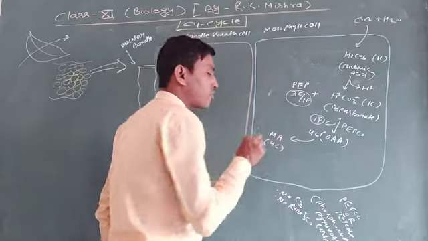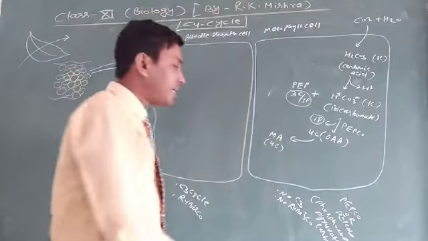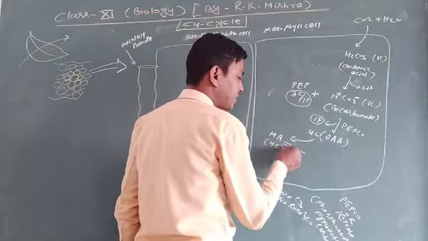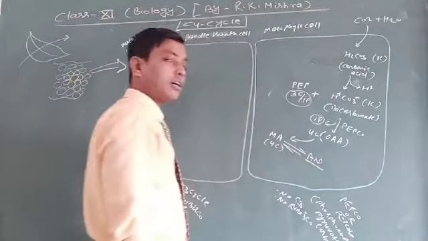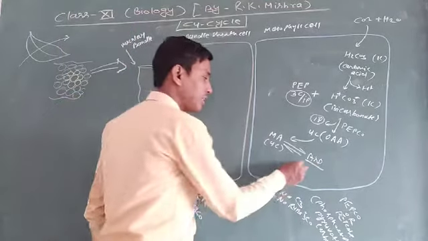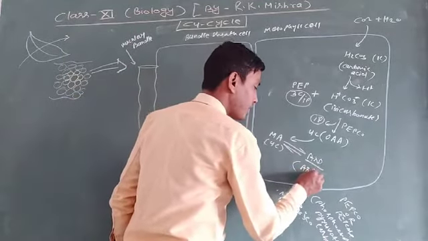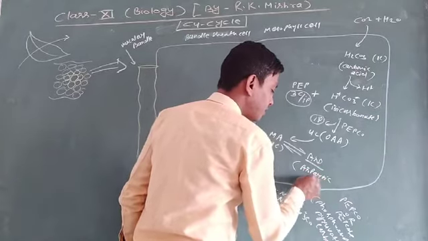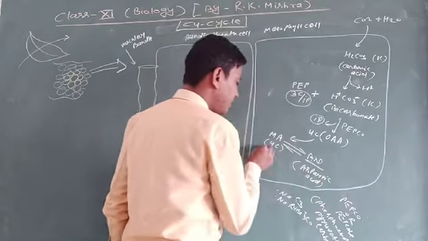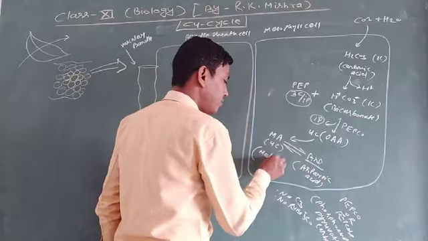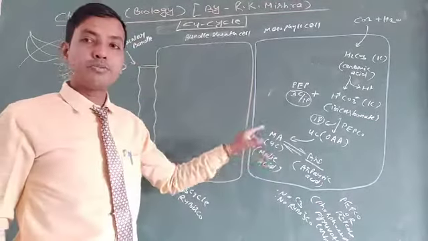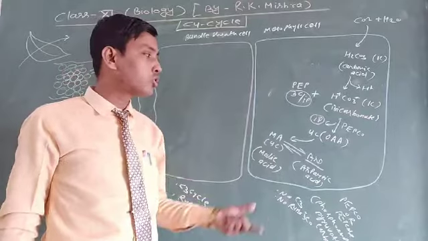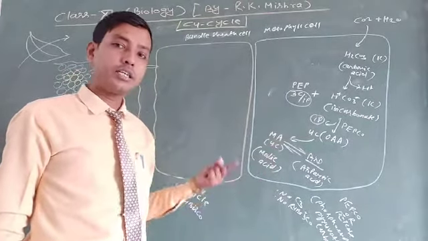This is also a 4 carbon compound. For a certain period of time, malic acid converts into aspartic acid. This one is the aspartic acid and this one is the malic acid. So malic acid is a 4 carbon compound. There is no change from the oxaloacetic acid.